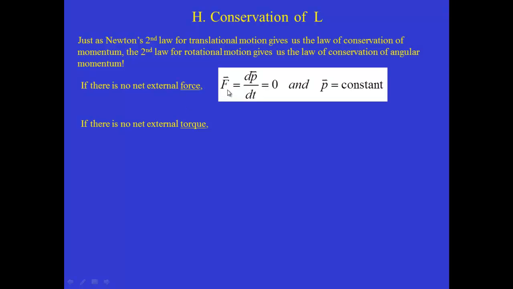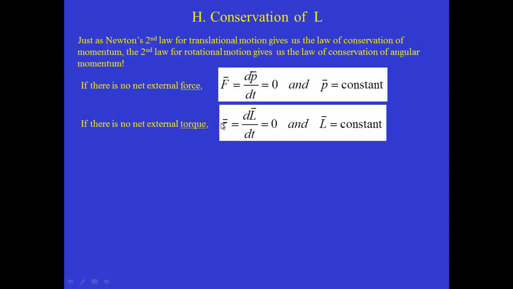Now, looking at Newton's second law for rotational motion, the net torque is equal to the time derivative of the angular momentum. And if the net torque is equal to zero, that means the angular momentum is constant. And hopefully it's pretty clear why this works, right? Because dL/dt, which represents the torque, is the time rate of change of L. And if that's zero, that just means L doesn't change.